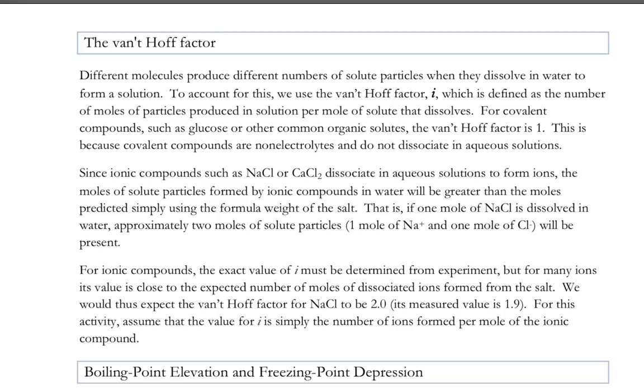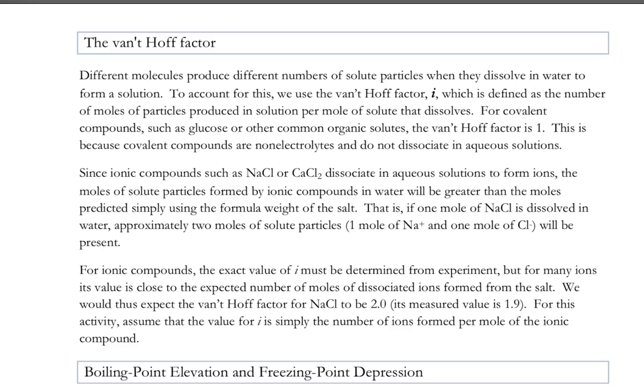So if we dissolve 1 mole of sugar in water, we get 1 mole of sugar dissolved. But if we dissolve an ionic compound, and it's a soluble one, it does break apart into at least 2 particles per 1 original unit.